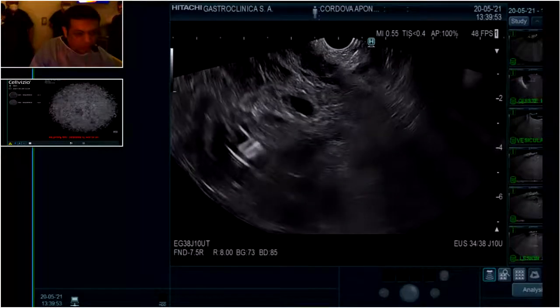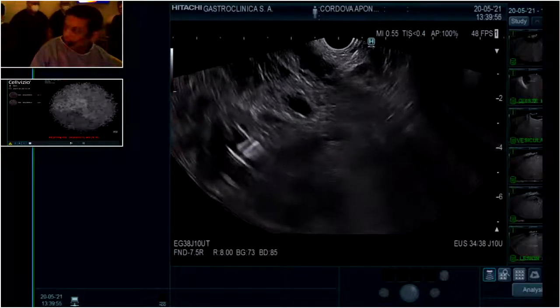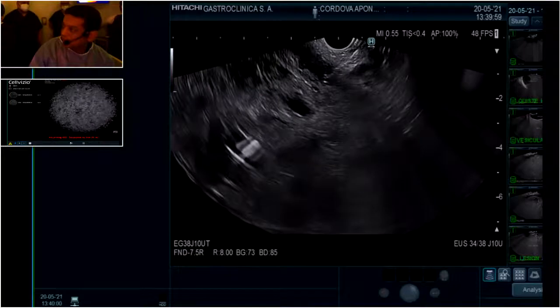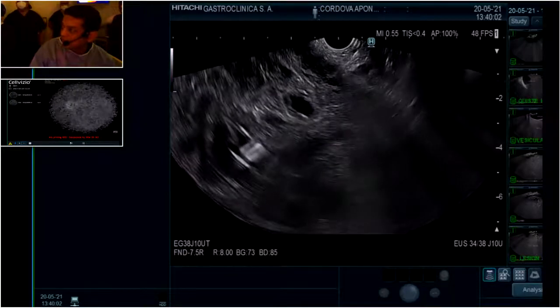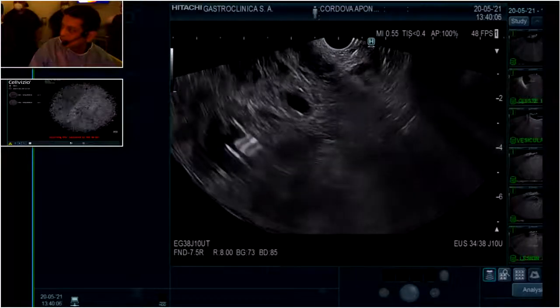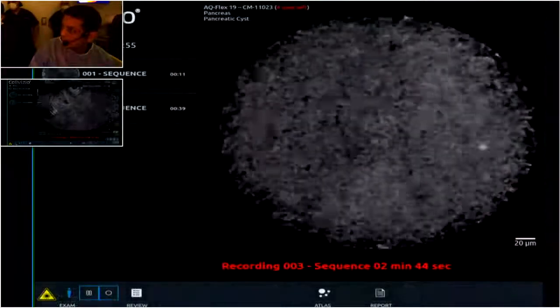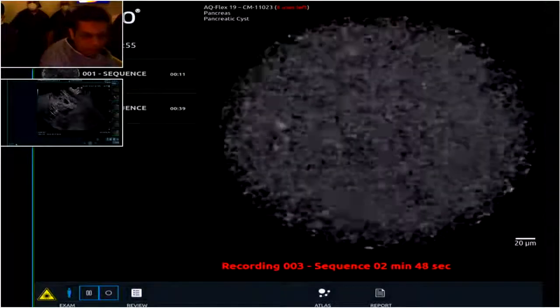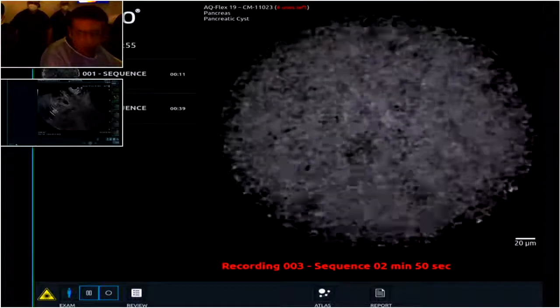So probably this is a pseudocyst. One, because I don't see any vascularization. Two, because of the history of the patient.